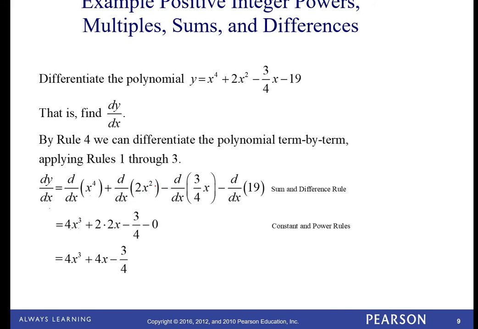The derivative of 2x squared is 2 times, bring down the power, reduce, minus sign here. The power here is 1, multiply 3/4 by 1, and x goes to the 0, and this is 0 itself, so we don't need to write it. So here is my derivative. Again, we can call this f prime of x. We can call it dy dx. We are differentiating each of the pieces individually. Notice we're using some different notation as we go along.